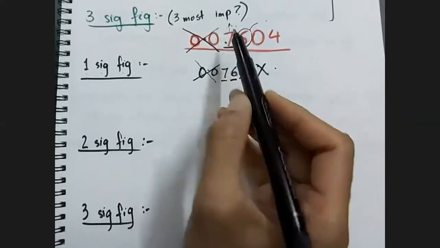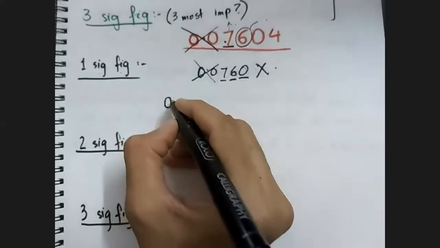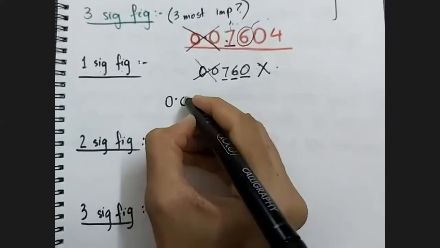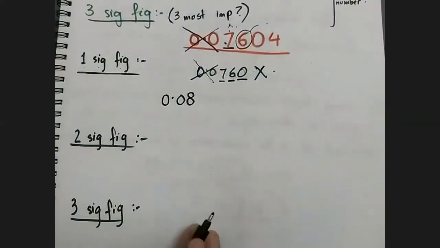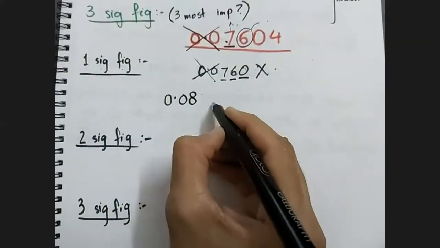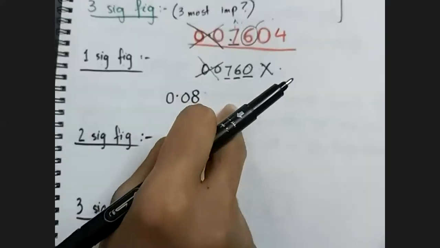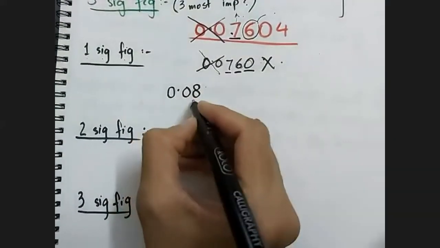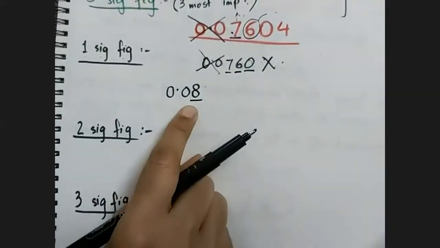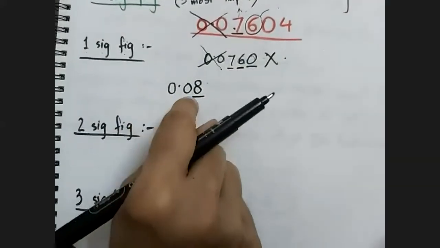So my final answer should be 0.08. And that's it. I cannot add zeros. Why? Because they will be significant. And I want only one significant figure in my answer. So the answer is 0.08.